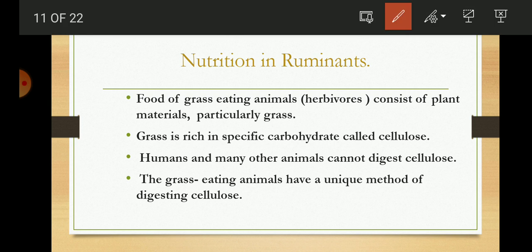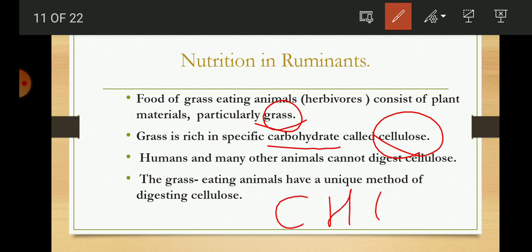The food of grass eating animals consists of plant material, particularly grasses, and grass is rich in carbohydrate, that is cellulose. Cellulose is also a form of carbohydrate, made up of carbon, hydrogen and oxygen.